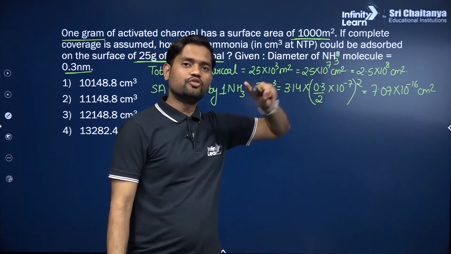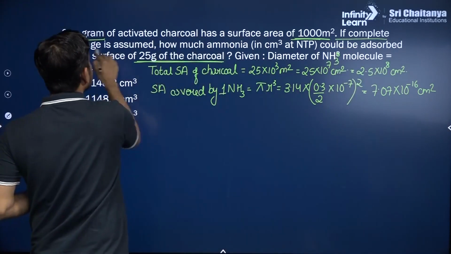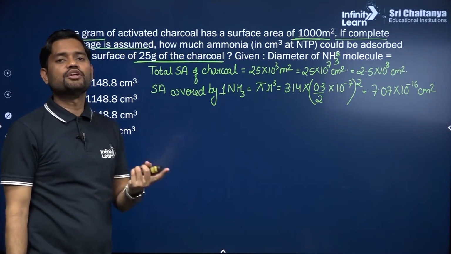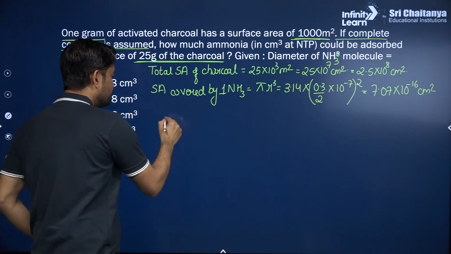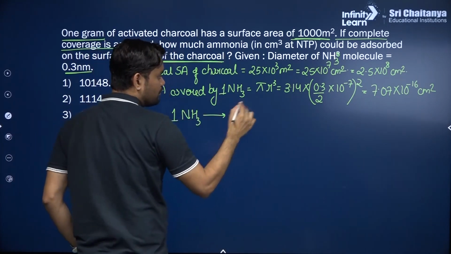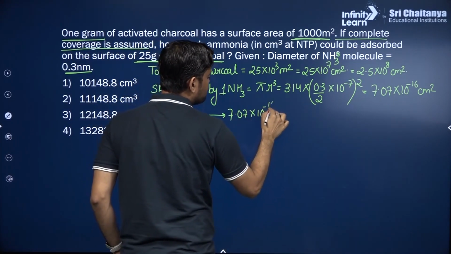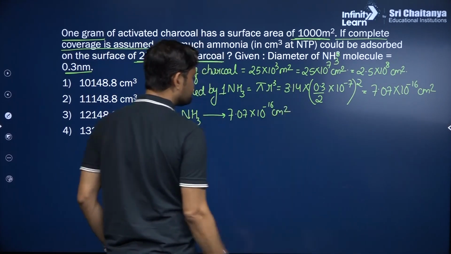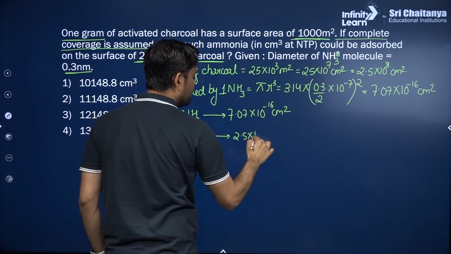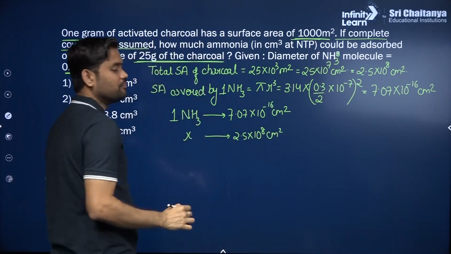So first of all, one molecule of ammonia covers this much surface area. So for the total number of ammonia molecules, they have considered that complete coverage is assumed, which means the entire charcoal is covered by ammonia. So how many molecules of ammonia are there? If one ammonia molecule covers 7.07 into 10 raised to minus 16 centimeter square area, then 2.5 into 10 raised to 8 centimeter square area will be covered by X ammonia molecules.